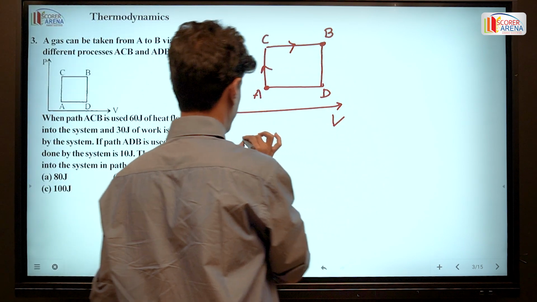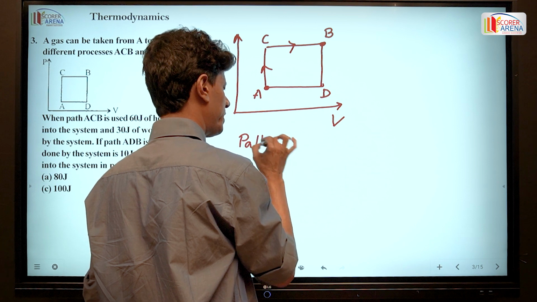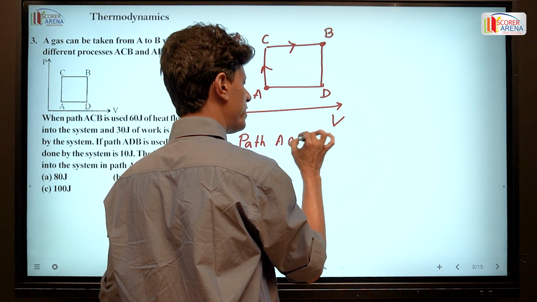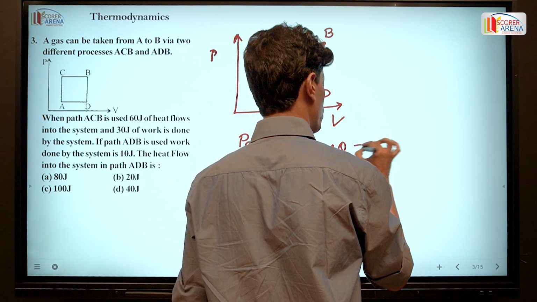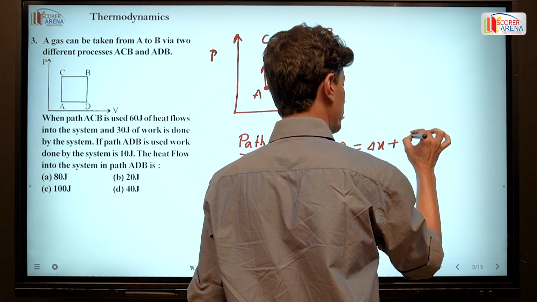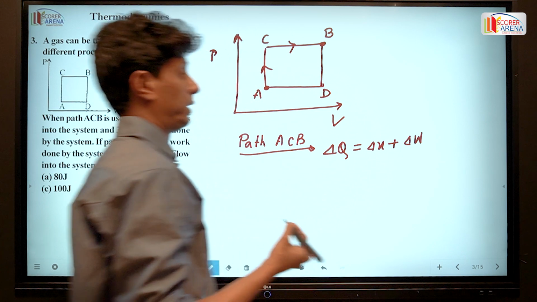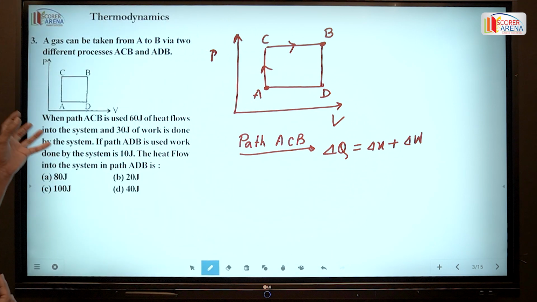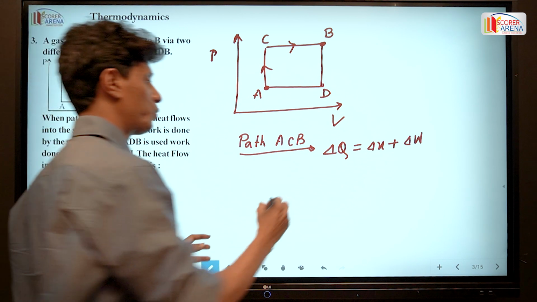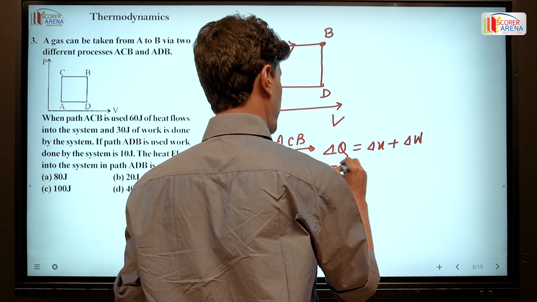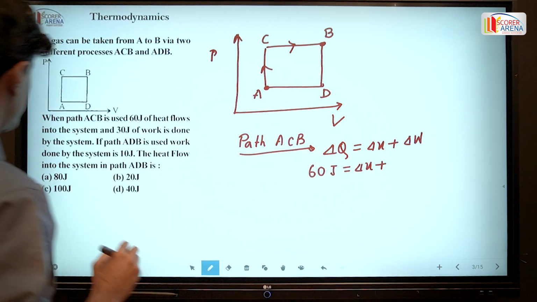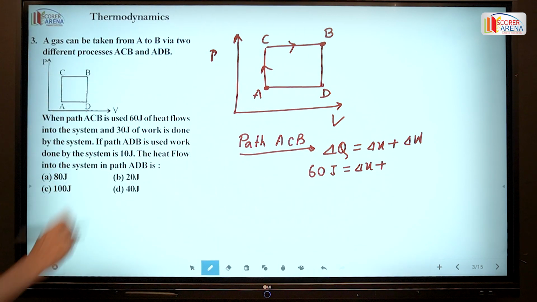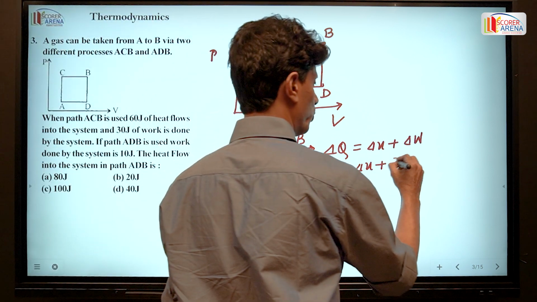In the path ACB, heat supplied is equal to del U plus del W. The heat supplied given in the problem is 60 joule, and the work done by the system through path ACB is 30 joule.